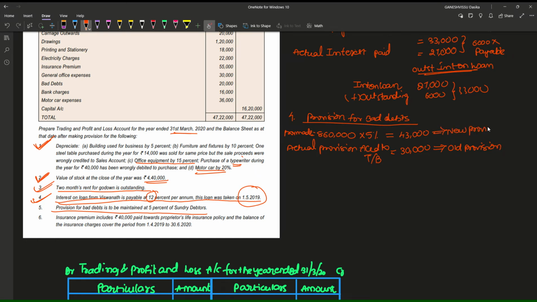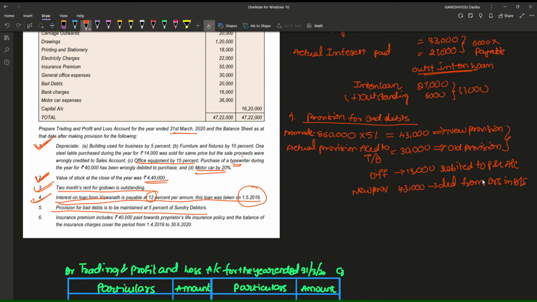And we have discussed this one also. If new provision is greater than the old provision, so the difference, which is 13,000, is to be debited to profit and loss account. 13,000 is to be debited to profit and loss account, and new provision of 43,000 is to be deducted from debtors in balance sheet.